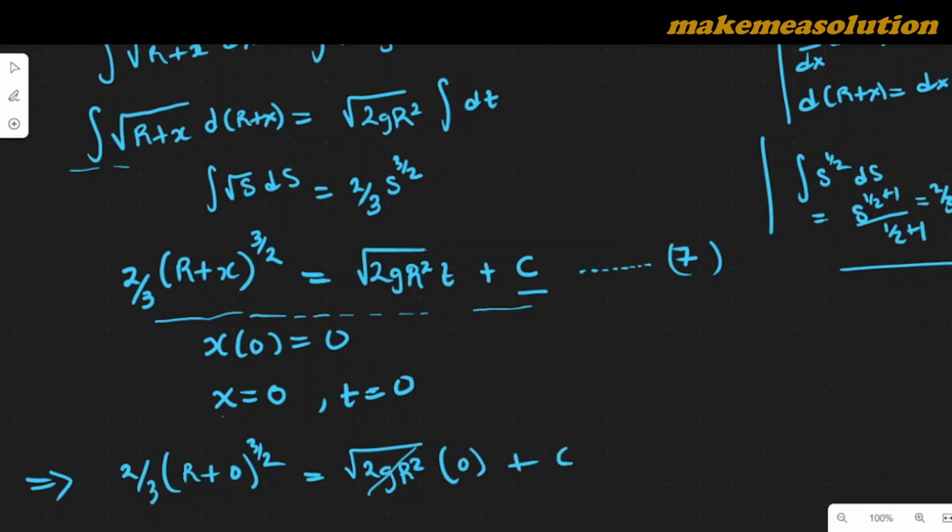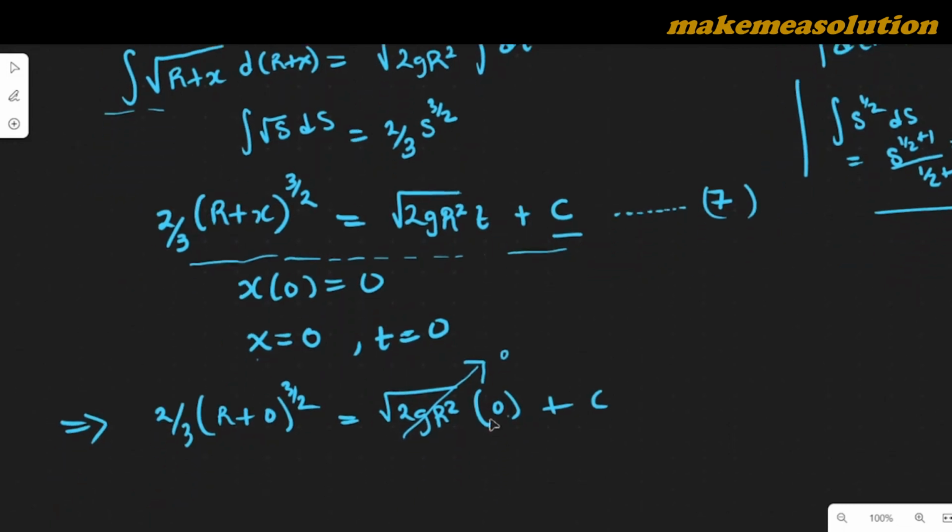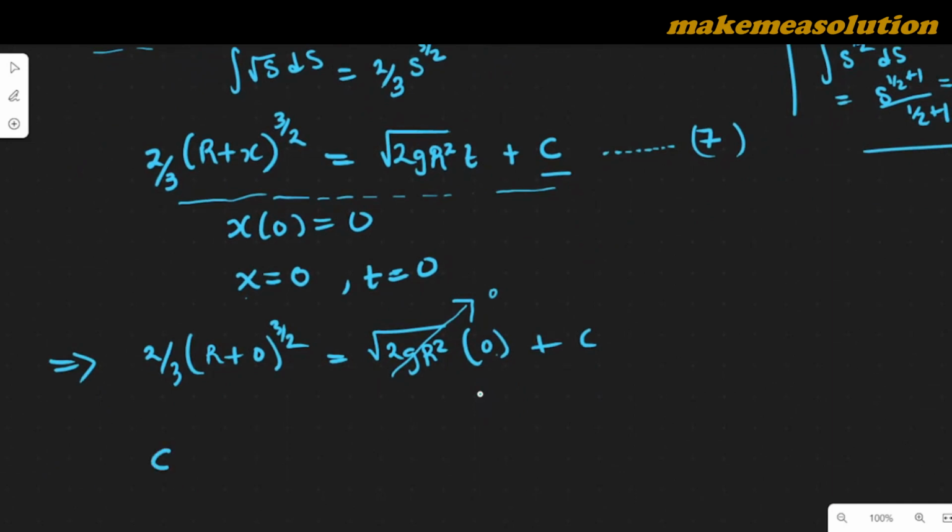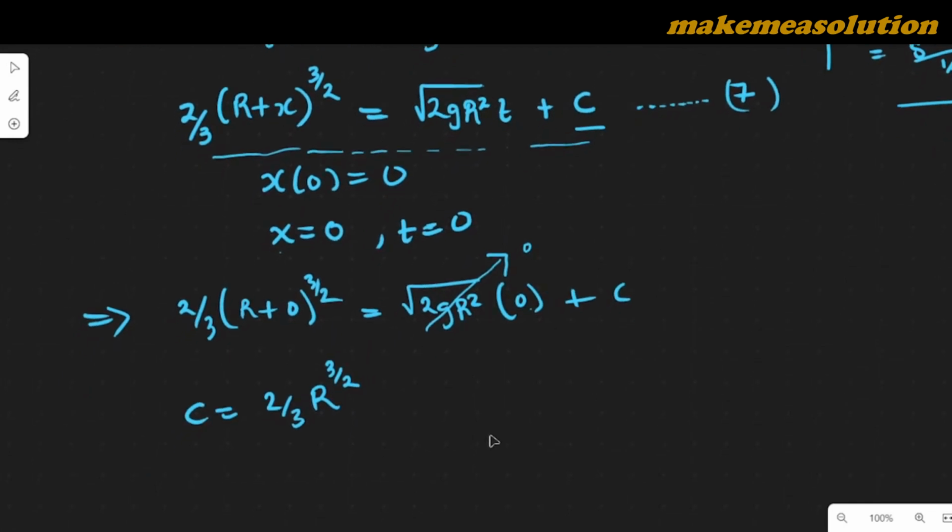So this whole stuff cancels out because of 0 as a multiplier. So c is now going to be 2 over 3 r raised to the power of 3 over 2. Is that okay? 2 over 3 r raised to the power of 3 over 2.